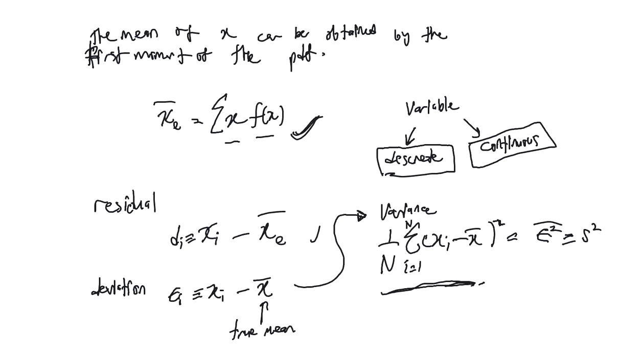The first moment of the PDF is the experimental mean. Then residual and deviation, and the definition of variance is the average of deviation.